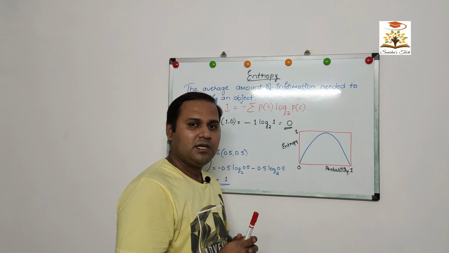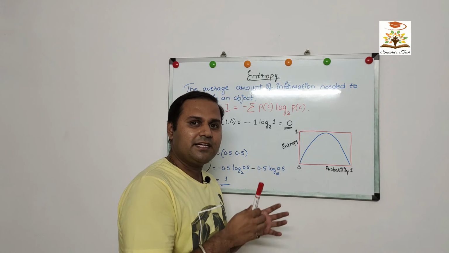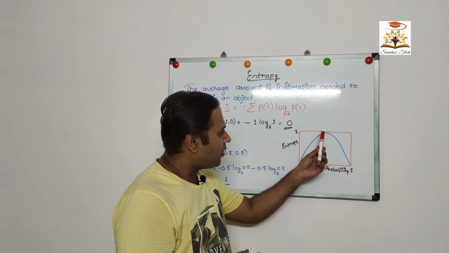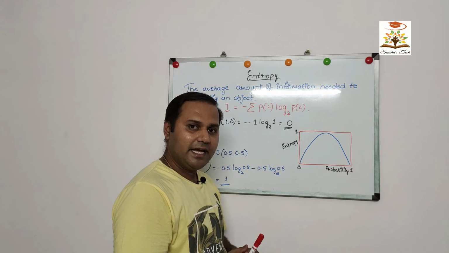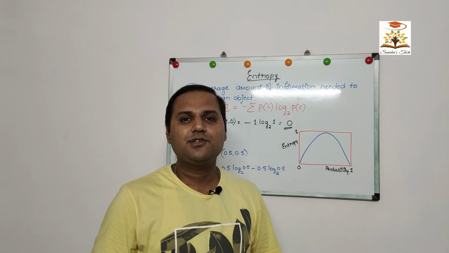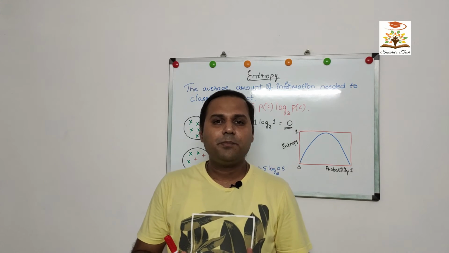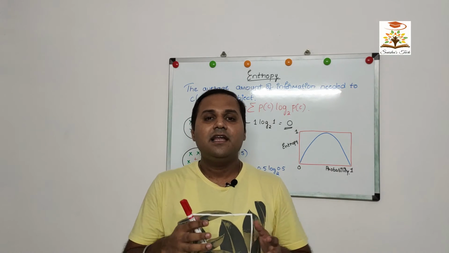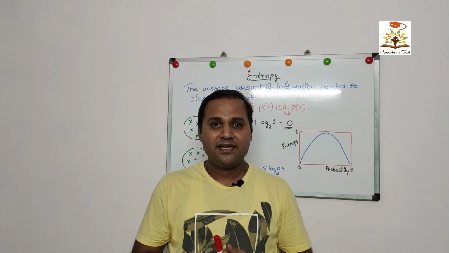Similarly, if the classes are equally divided, that is the positive and negative, then the probability is 0.5 and there the entropy is 1.